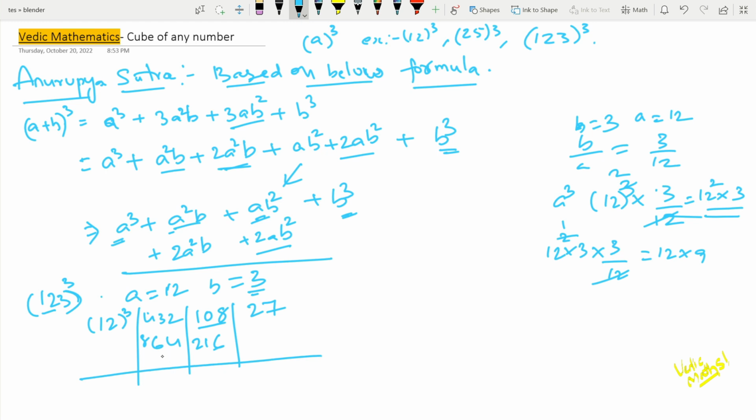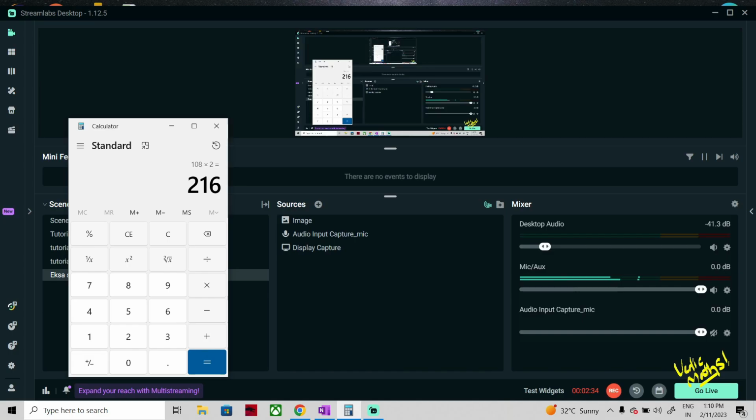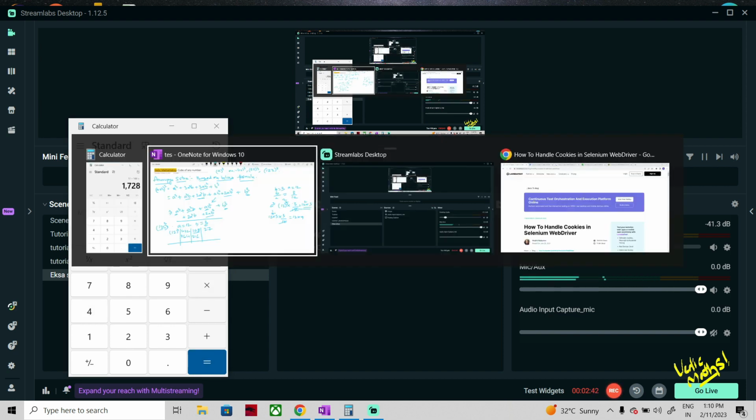Now you have to add these terms and calculate 12 power 3. When you calculate 12 power 3, what is the answer we got earlier? 12 into 144, 1728, right?